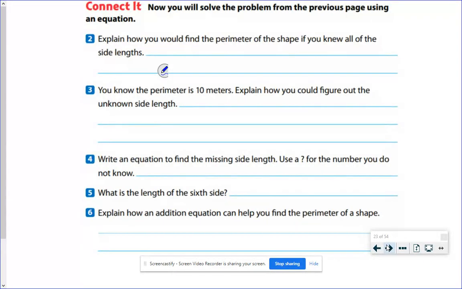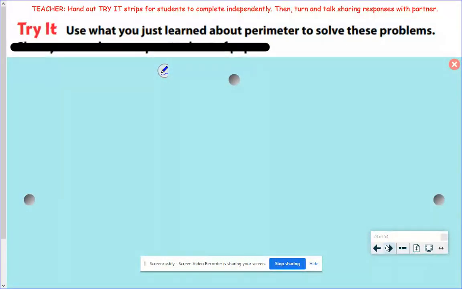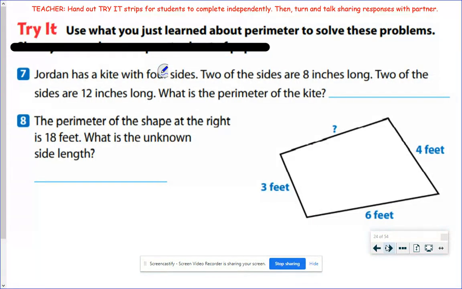This is just going through the steps of what I was just talking through with you all, and we went ahead and wrote that equation on the previous slide. Here's a couple of problems that we can practice. If you'll pause the video and read number 7.